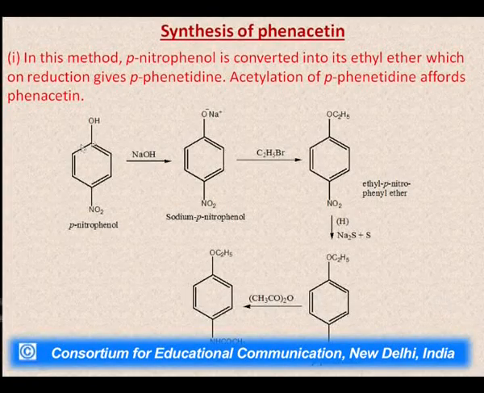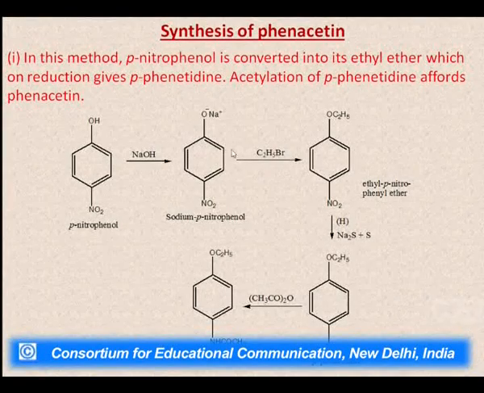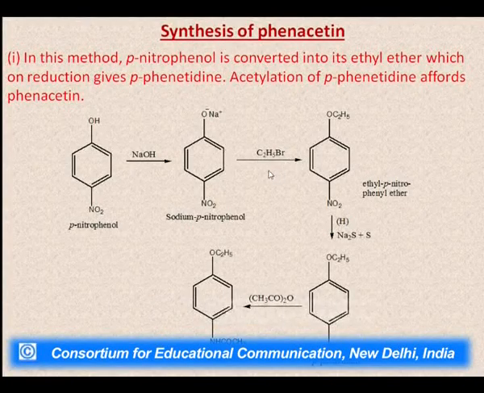So, starting with para-nitrophenol. We have taken para-nitrophenol here, and first we will react it with sodium hydroxide to make its salt, to make it easily available for the further reaction with ethyl bromide for its alkylation, and here we will get the ethyl ether of para-nitrophenol.